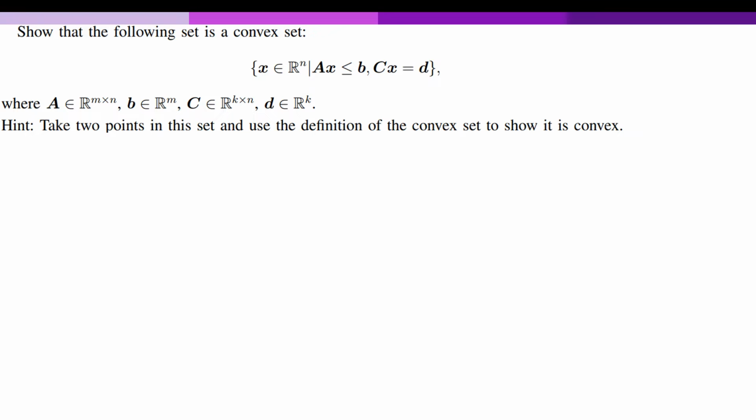Note that A, C are matrices. B and D are vectors, and X as well is a vector n by 1. So if we consider 2 points like x1 and x2, these are vectors.